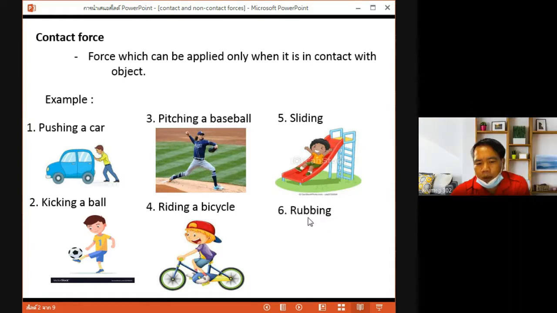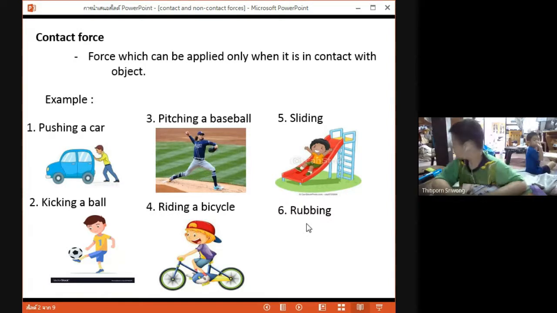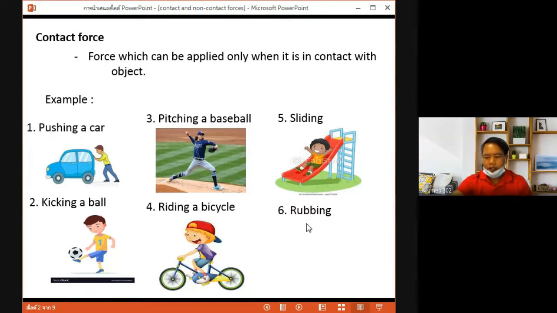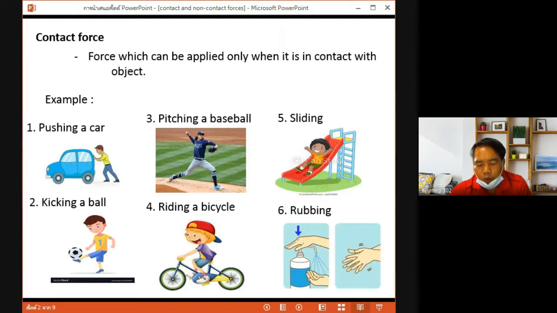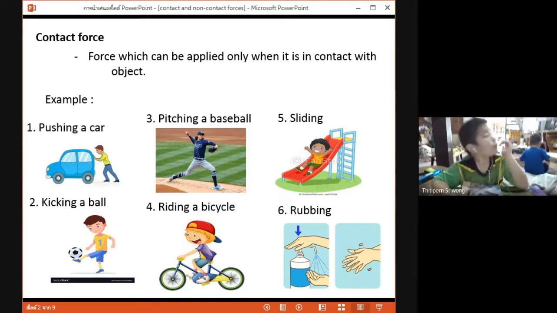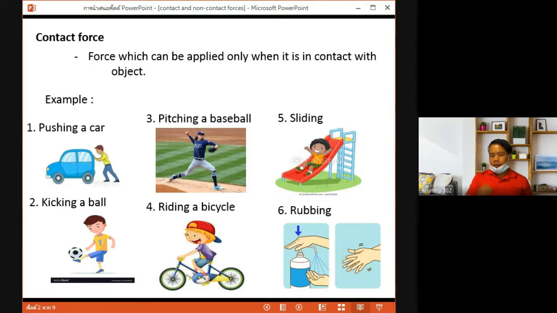Another example is rubbing your hands, doing like this. You can see in the picture. When you come to school, you get your temperature taken, you get alcohol, and then you rub. That is also an example of contact force.